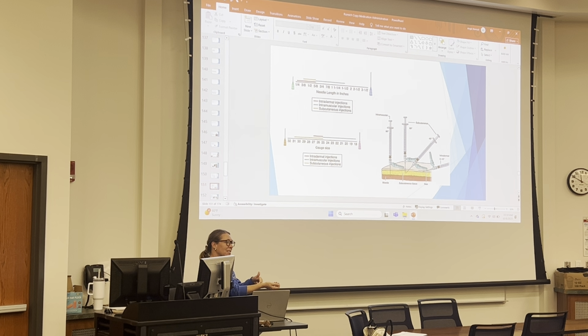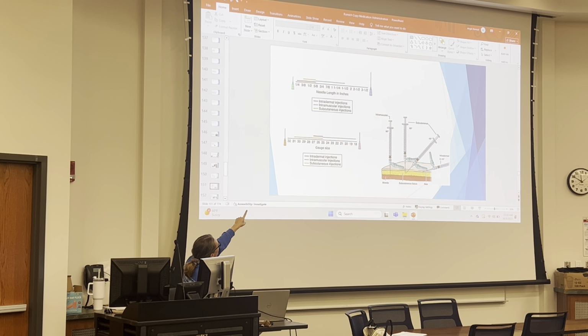So it's just in the skin layer, so it's very superficial. It's just like a 5 to 15 degree angle. It just goes in the layers of the skin, intradermal. So at most, that's going to be less than an inch, just a little more than half an inch. You can see that red line at the top. It would be 5/8 of an inch.